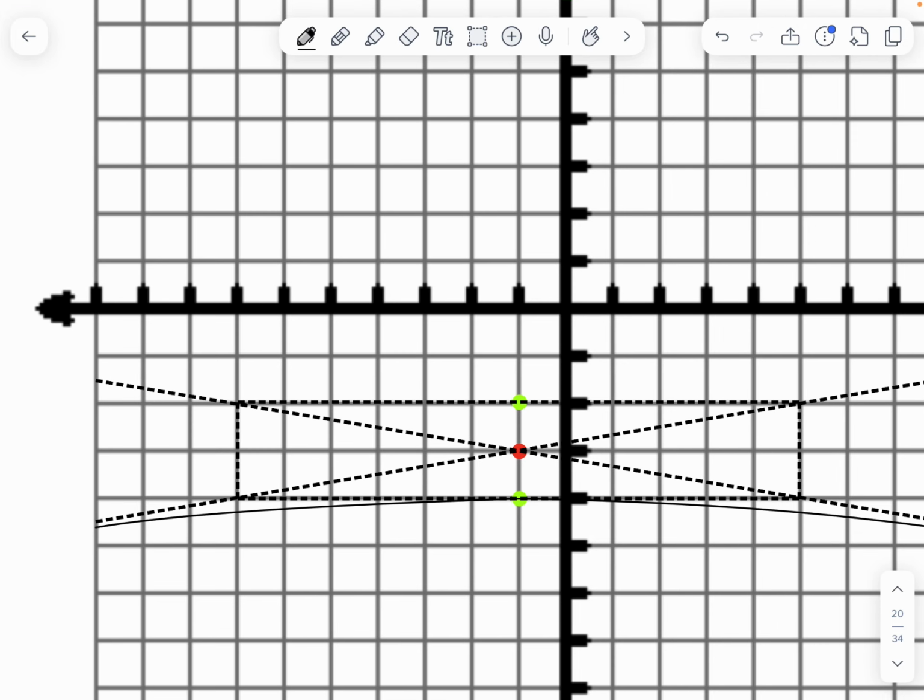Now time for the top side. And maybe I think I can just duplicate this.